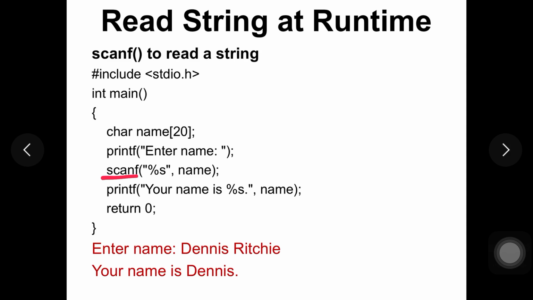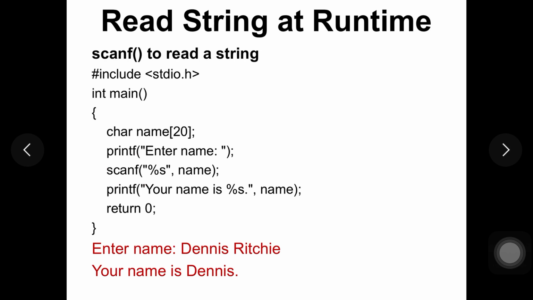So how is the scanf statement encountered with %s here? Whenever you use a scanf statement to read any string, it reads the set of characters from the keyboard until a space bar or new line character is encountered. Now what do you understand here?